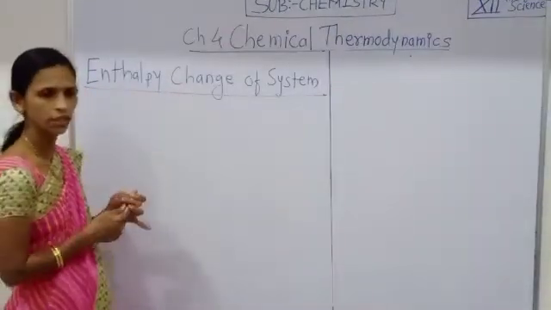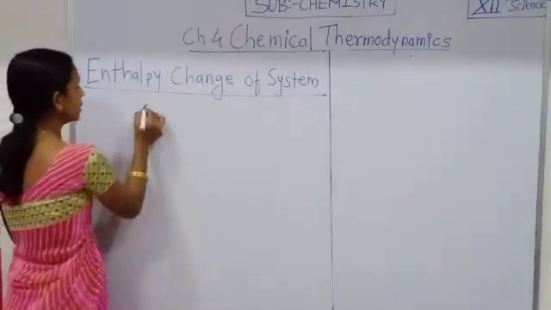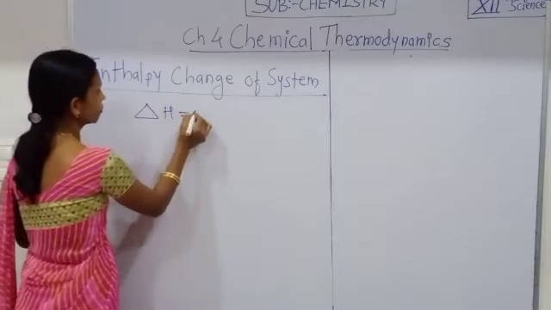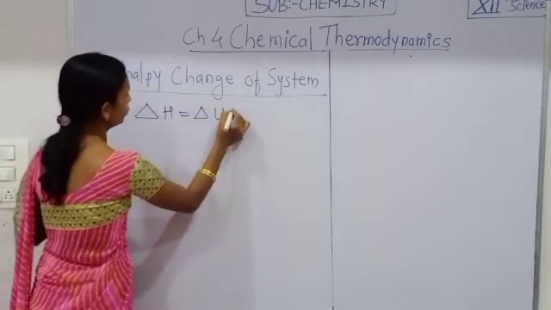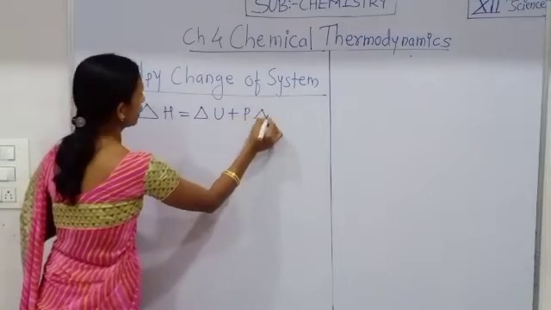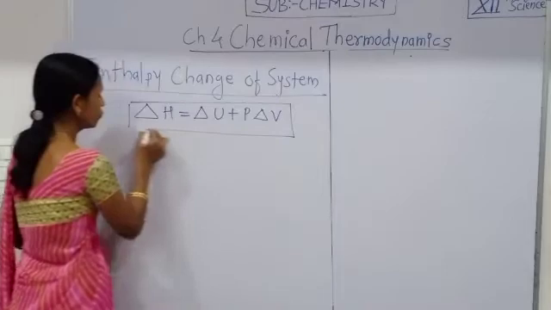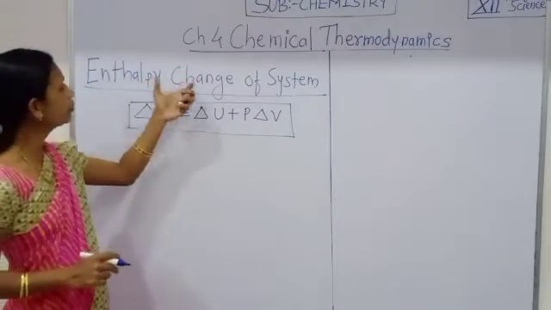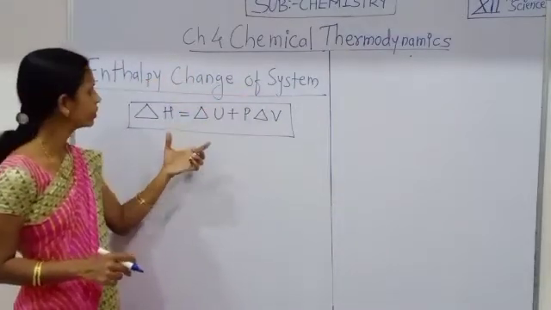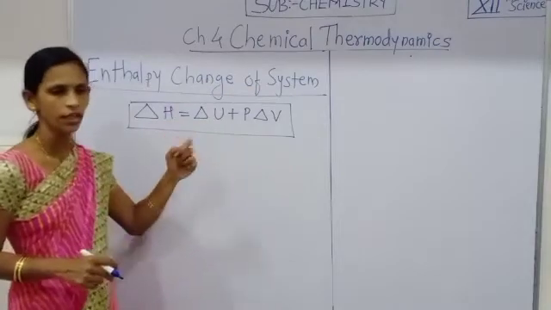Enthalpy change of the system, that is delta H, is equal to delta U plus P delta V. That is the mathematical expression for enthalpy of the system that we got here.